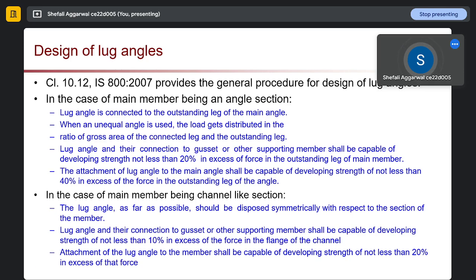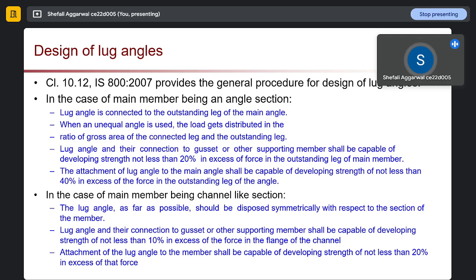So we are using two lines of staggered bolts. So next thing is how we are designing our lug angles. According to clause 10.12 of IS 800, there is a general procedure how you can design your lug angles. If the main member is an angle section, the lug angle is connecting to the outstanding leg of the main angle that we have already studied.